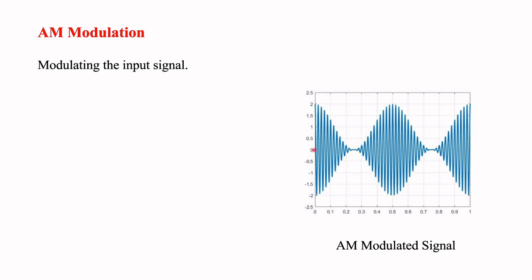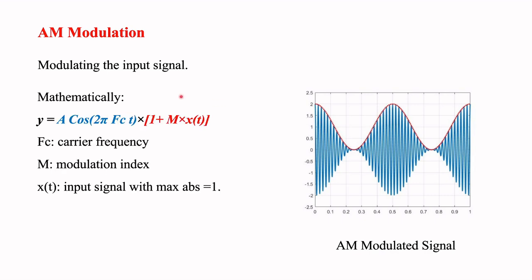Here we can notice that this is our carrier and the amplitude of our carrier is changing in accordance with the input signal, and simply this is AM modulation, and this red curve here is our input signal, and we can notice how the amplitude of the carrier signal is changing in accordance with it.